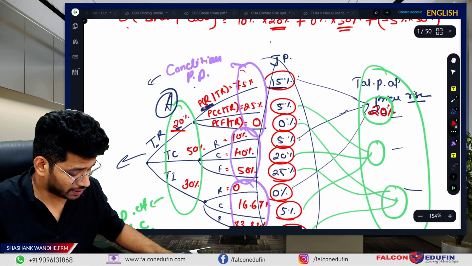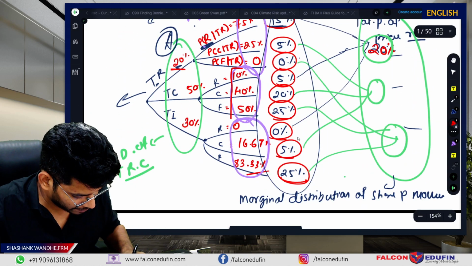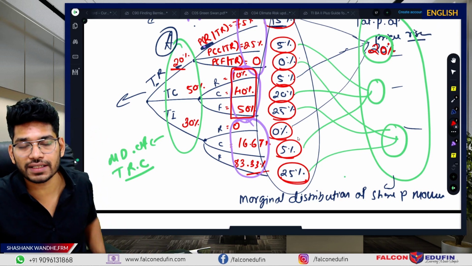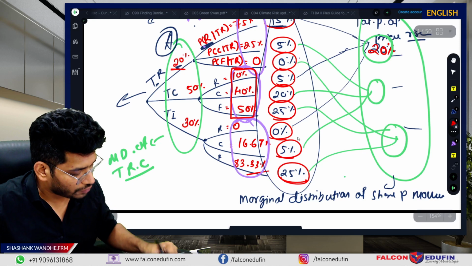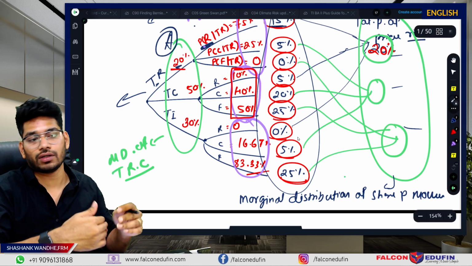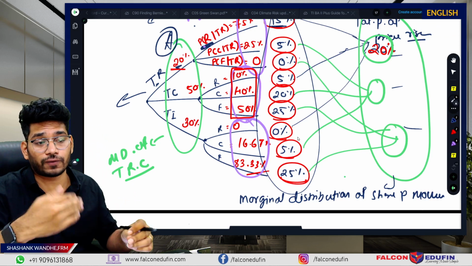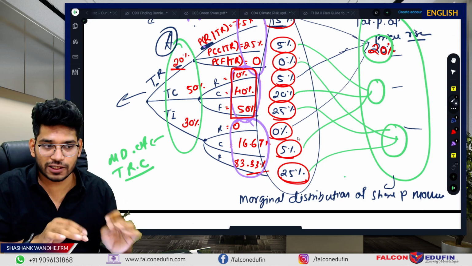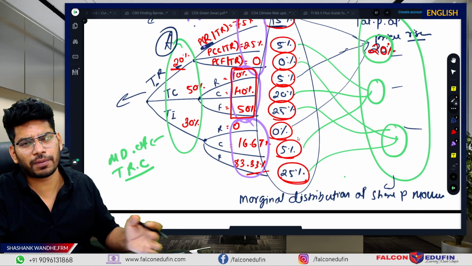Not the joint probabilities. We will take these conditional probabilities. Okay, so 10%, 40%, and 50%. We will use this particular section, and using this section, you know the probability, the value of R, the value of C, and the value of fall, minus 5%. Simply multiply it with the probability and get the answer.